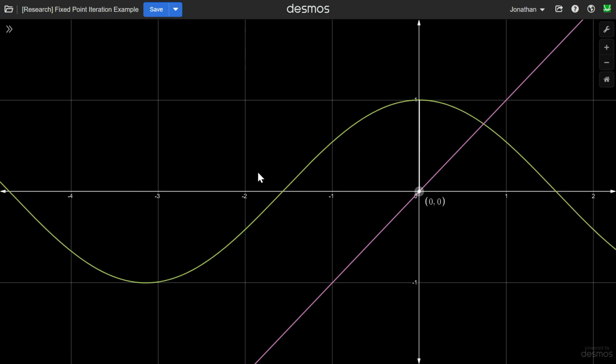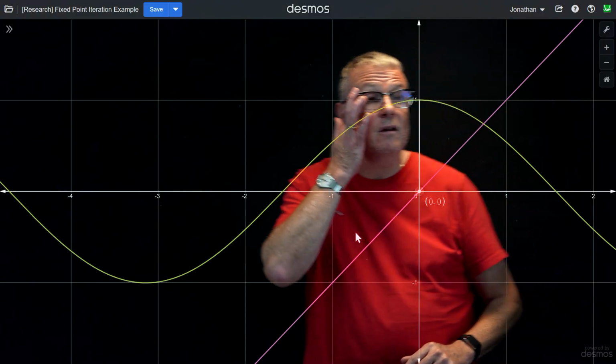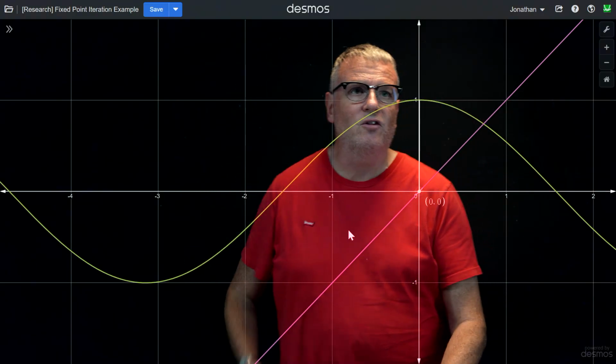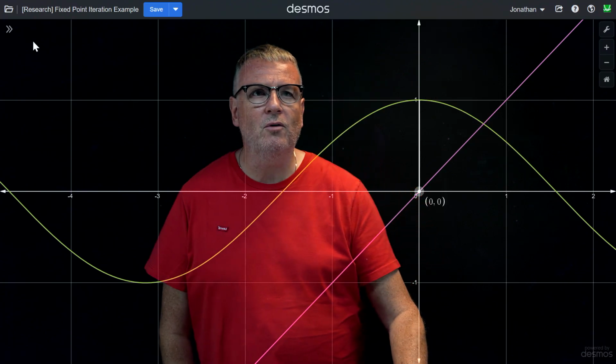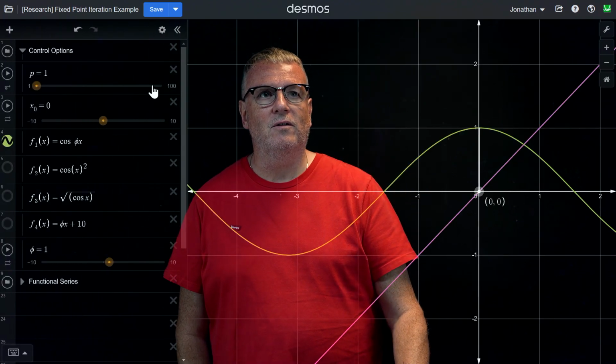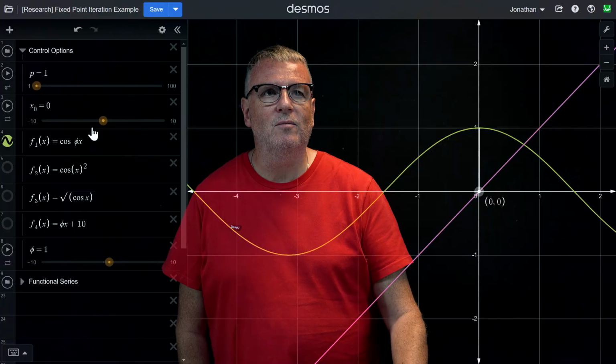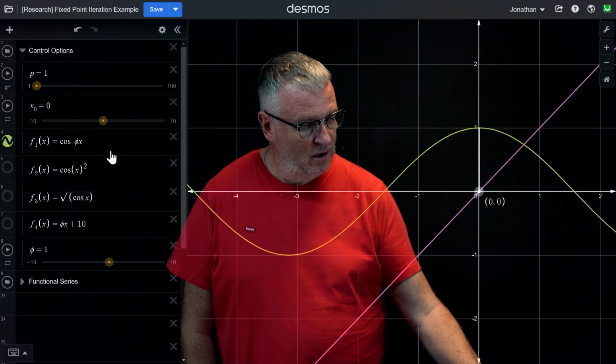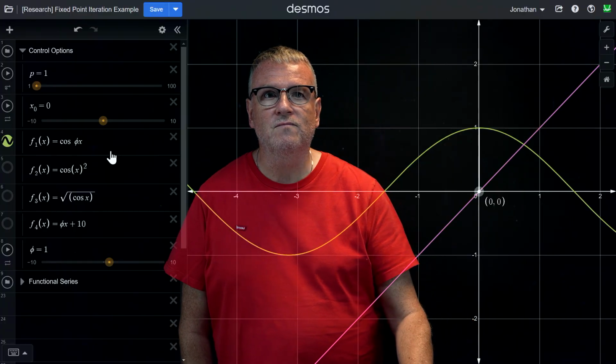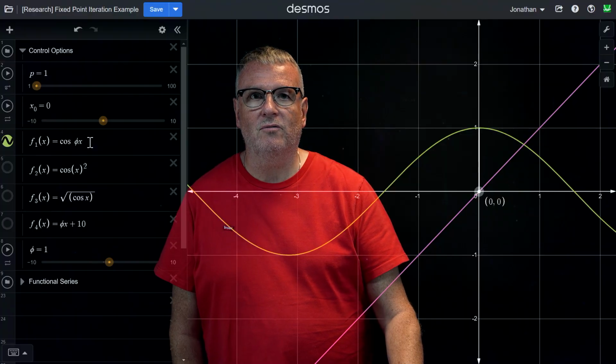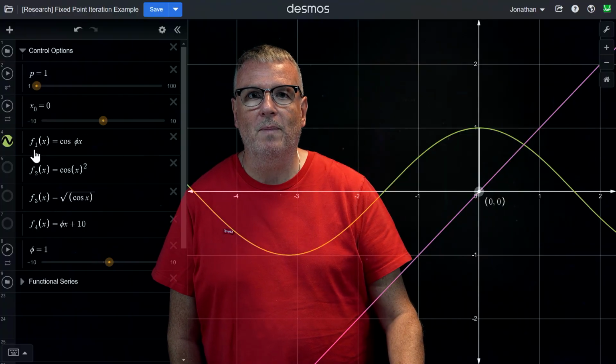And one of the things here is, you can see that I can move my starting point. So without further ado, I'll come back into the picture and explain what it is I'm using Desmos to do. So over here are the definitions, and I've got here a function which is cosine of, ignore the phi for a moment, function 1.